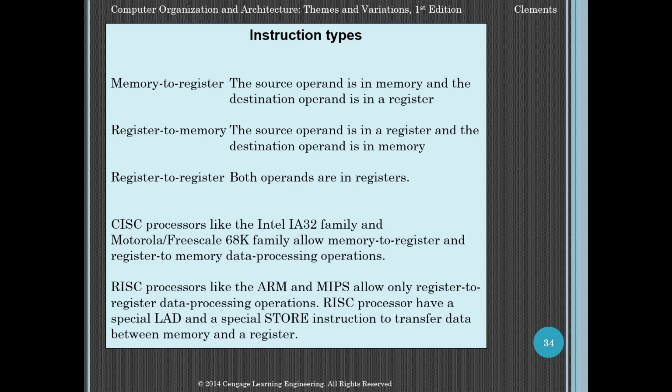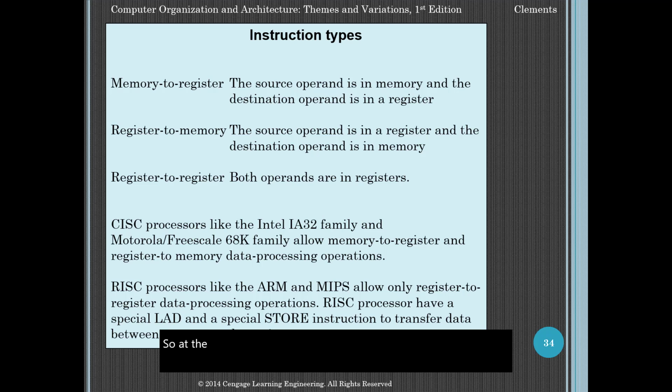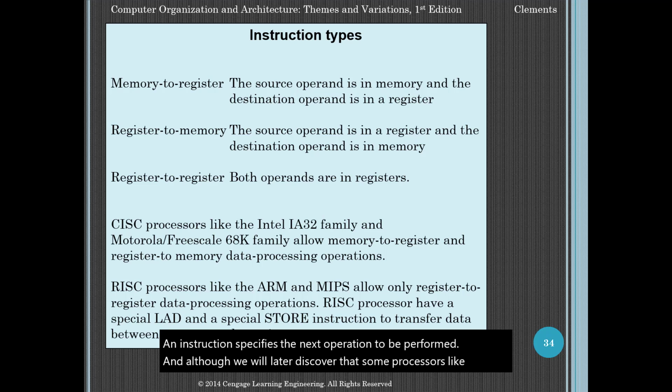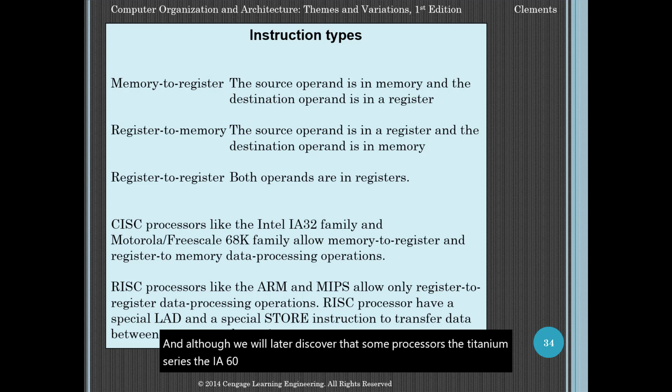So at the heart of an instruction set, the architecture of the computer instruction itself is the instruction format. An instruction specifies the next operation to be performed. And although we will later discover that some processors like the Itanium series, that's the IA64 series, have instruction sets that can specify multiple operations because we're always modifying, right?